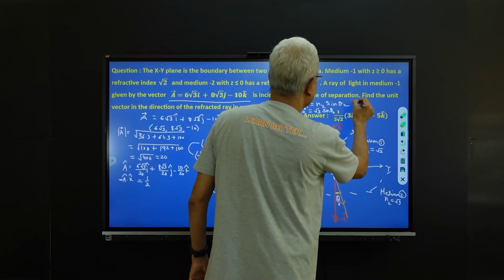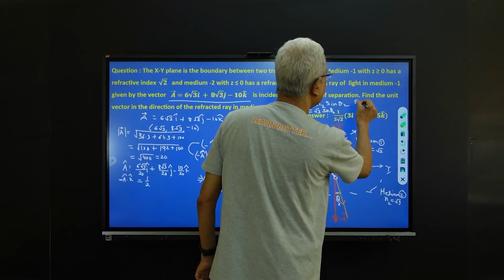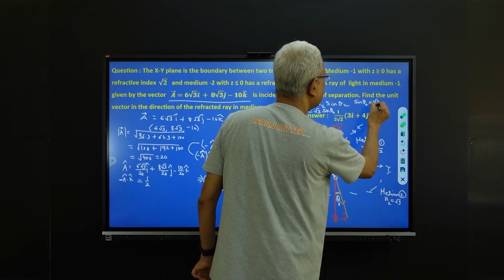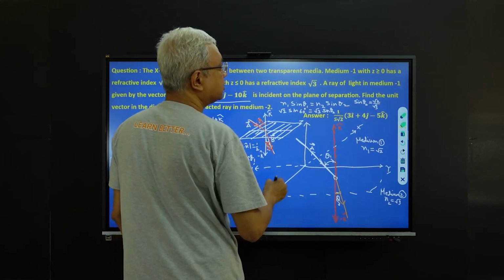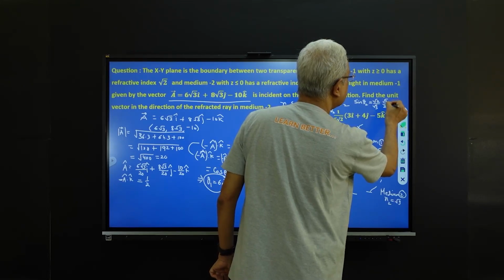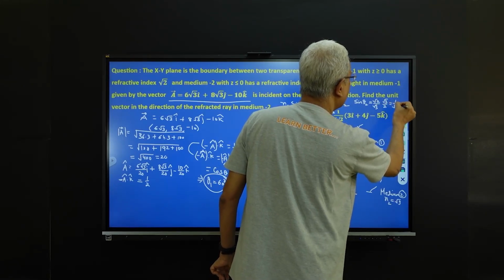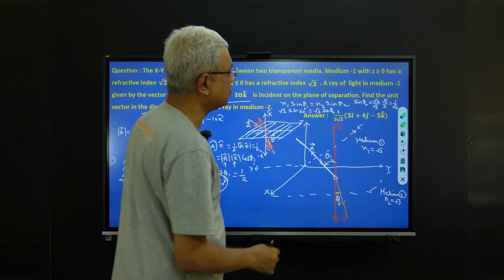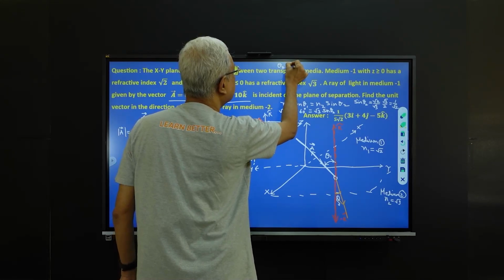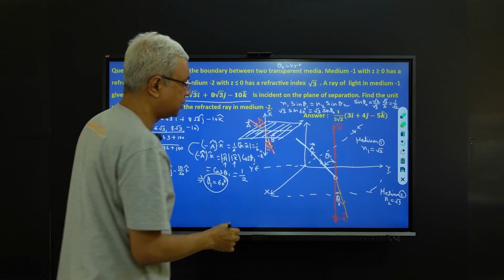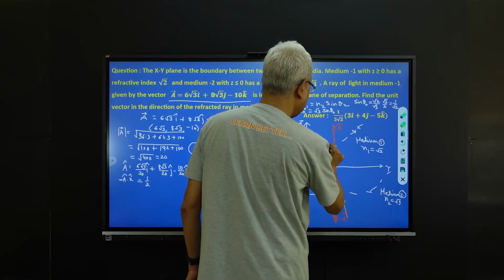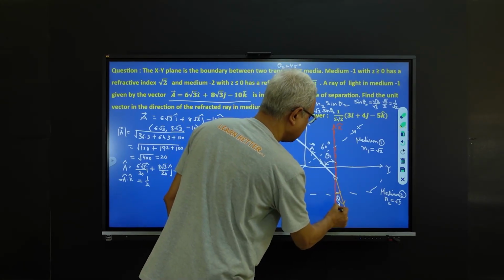Therefore, sin theta 2 is root 2 by root 3 sin 60, that is root 3 by 2. So it is 1 by root 2. So sin theta 2 is 1 by root 2. Therefore, theta 2 is 45 degree. So this angle is 60 degree, theta 1, whereas this angle is 45 degree.